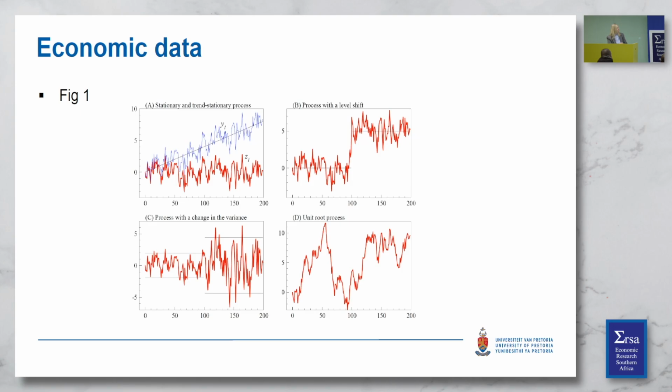Especially financial market data can display behavior like this, where the variance is not constant. And maybe this is followed by a period where the variance is smaller again. And this is also not a stationary series.